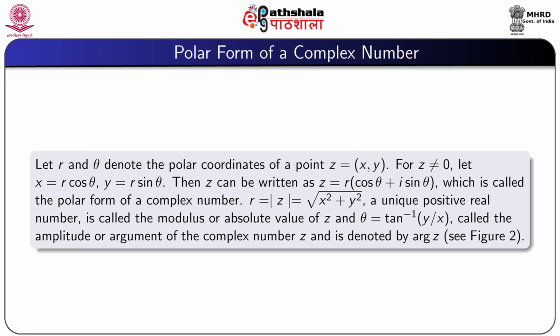Then obviously z can be written as z equal to r (cos theta plus i sin theta), and this is called the polar form of a complex number.